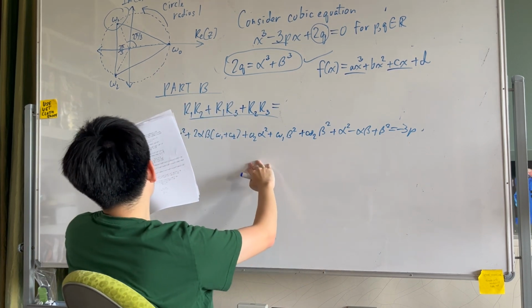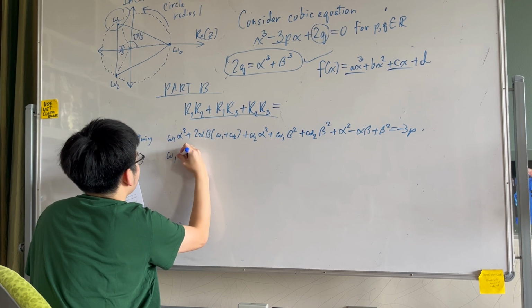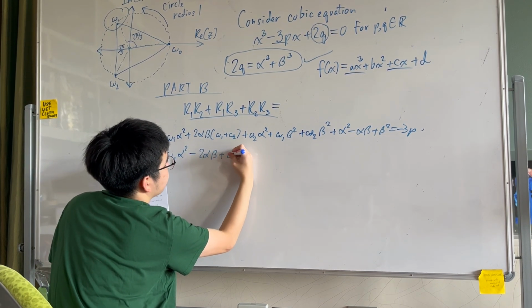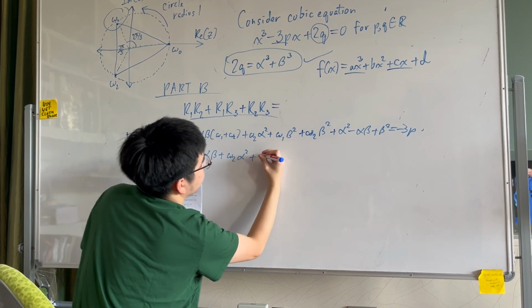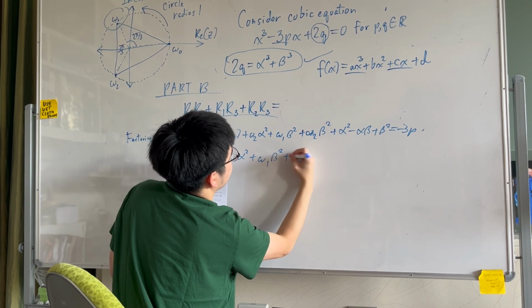But omega 1 plus omega 2 is simply minus 1, so then this becomes omega 1 alpha squared minus 2 alpha beta plus omega 2 alpha squared plus omega 1 beta squared plus omega 2.